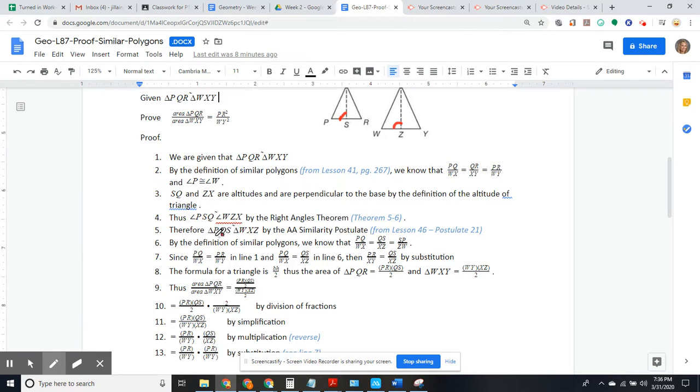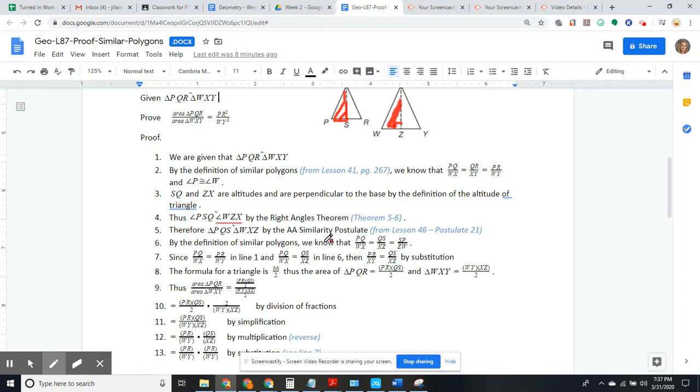So therefore, we can say that this triangle here is similar to this triangle here by the angle-angle similarity postulate. We need to do this because we need to be able to prove that these heights, or these altitudes, are also proportional. That's going to help us with the proof here.